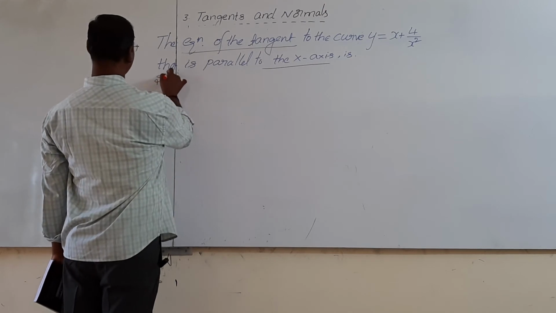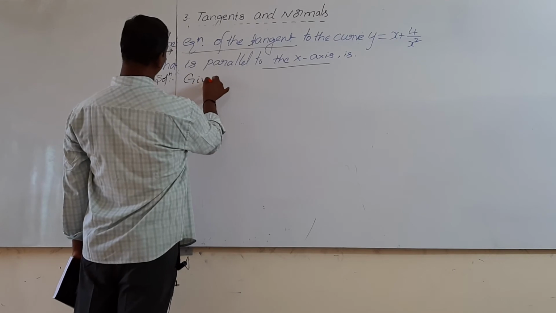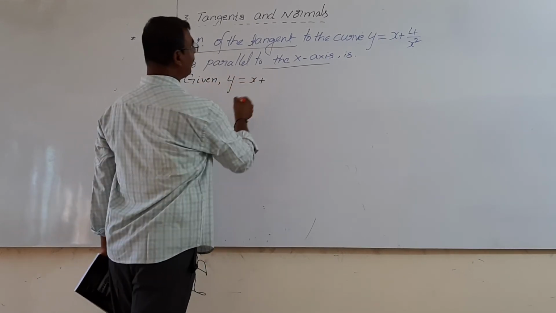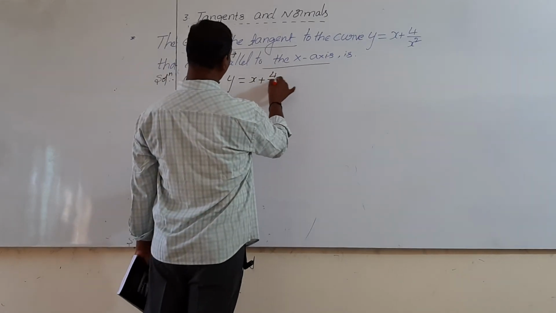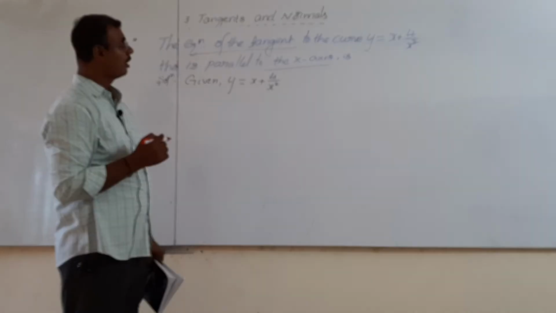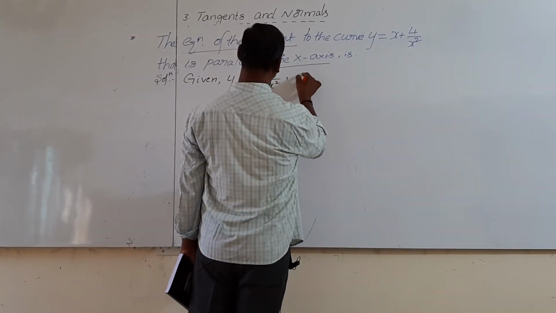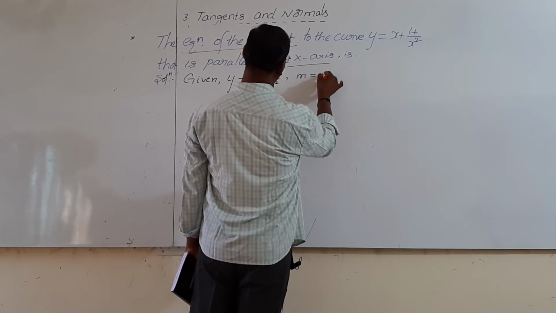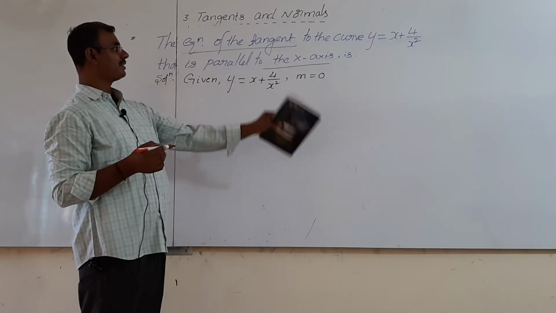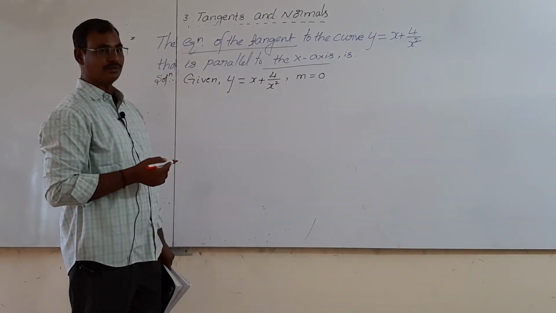See the problem. The given curve is y is equal to x plus 4 divided by x square. Also the slope is given. Slope m is equal to 0, because it is parallel to the x-axis. On the x-axis, slope is equal to 0.